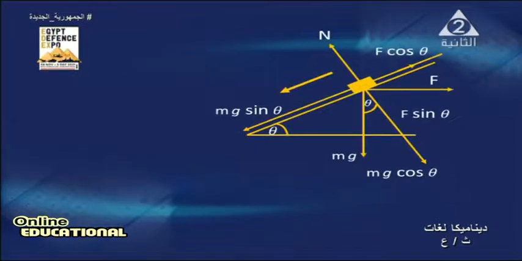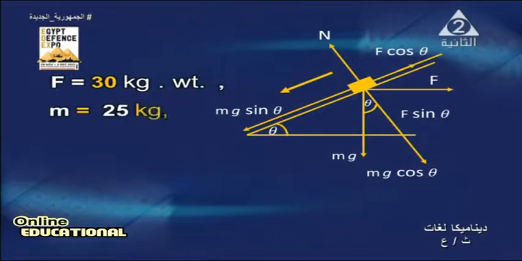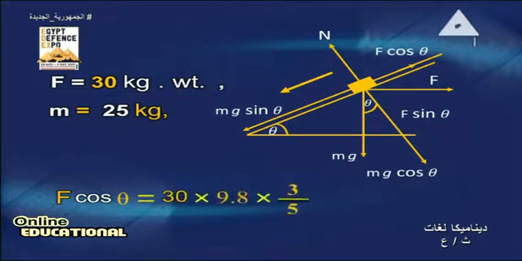Now we have a body of mass 25 and a force of magnitude 30 kilogram weight acts on it. Then F cosine theta, the component of the force F in the direction of the line of greatest slope upward, equals 30 times 9.8 times cosine theta, which equals 3/5, equals 176.4 Newton.